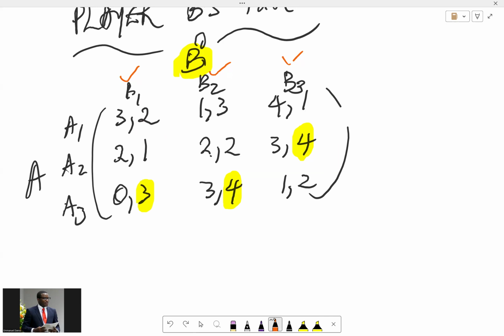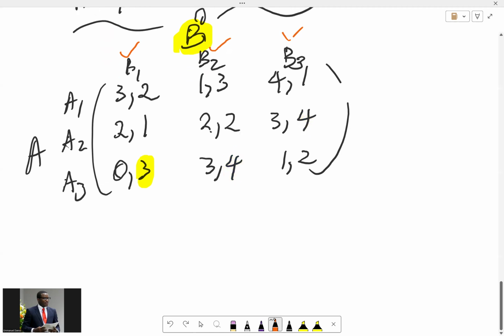Okay, so let's see how we decide this. In this case, we see that every strategy seems to have one best payoff, so maybe this approach may not work here.